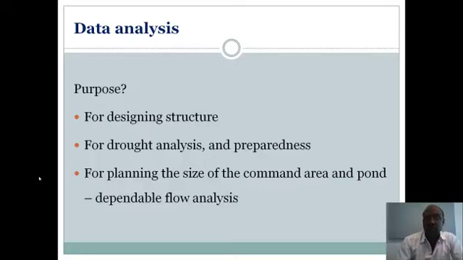Still we need this analysis, but how we could do this is also an interesting issue, because how could we really analyze to design discharge, to design structures, like a diversion weir, or all the structures that we are going to put across the river or within the canal, which need extreme case situations.